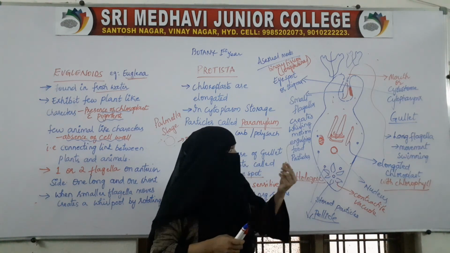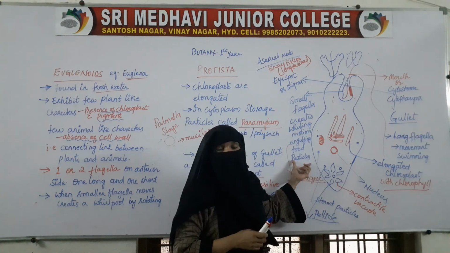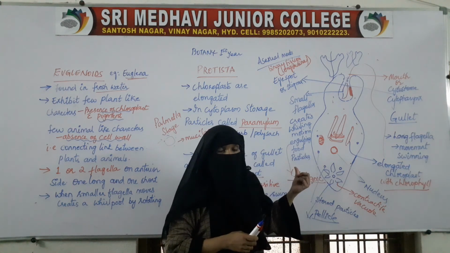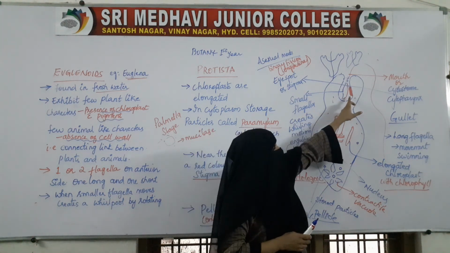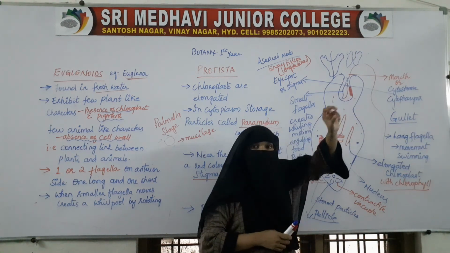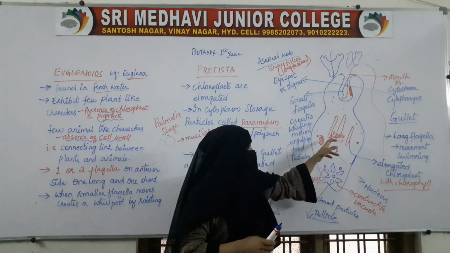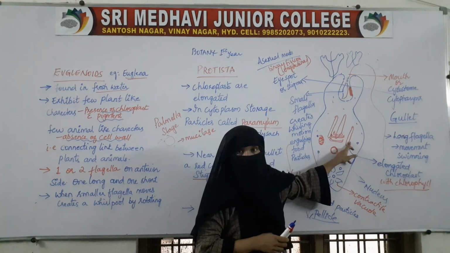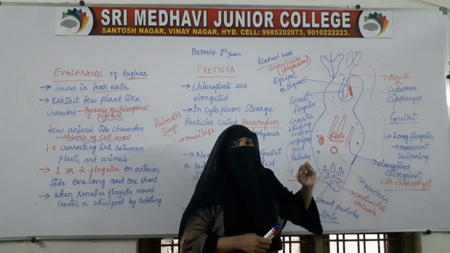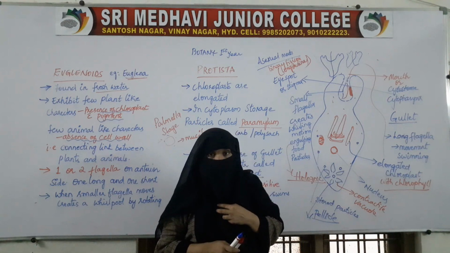So, this type of nutrition is called as Holozoic nutrition, and when sunlight is available, this stigma or the eye spot detects and perceives the light, and with the help of the light and this elongated chloroplast with chlorophyll, they produce their own food.